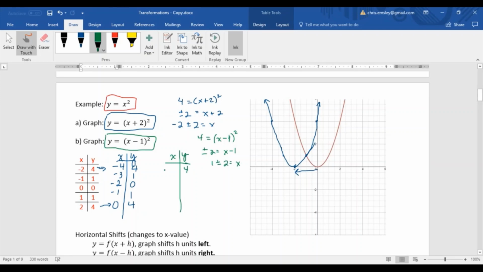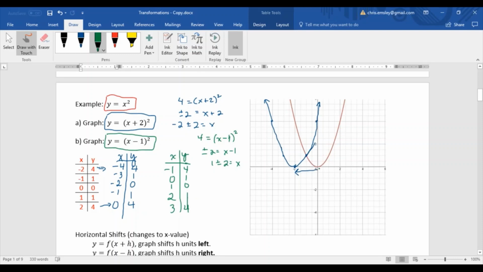So 1 minus 2 is -1. And then we also get 4 from 1 plus 2. So that's 3. And again, I could do that with these other points too. In place of 4, I put a 1 here and solve for x. But I'm just going to go ahead and fill these in for you rather than taking the time to solve each one of those. So there's our new t-table.